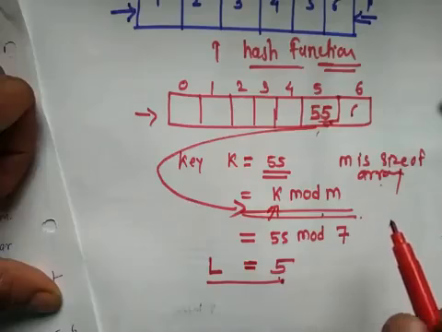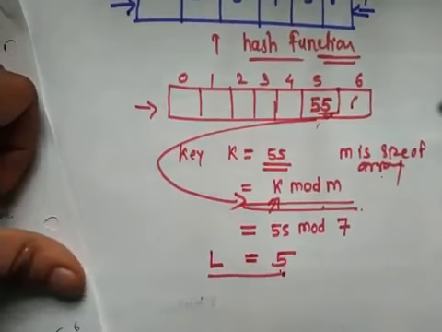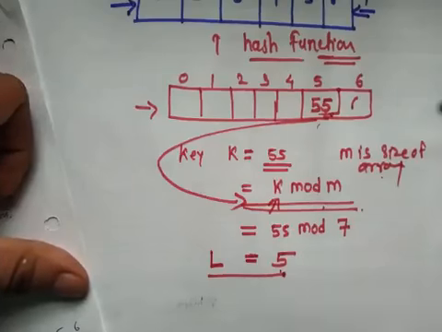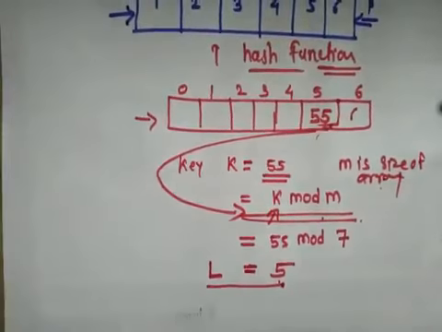In short, if the data is organized using a hash function at the time of storage, then searching and retrieval become efficient. There are various hash functions, or you can say methods.